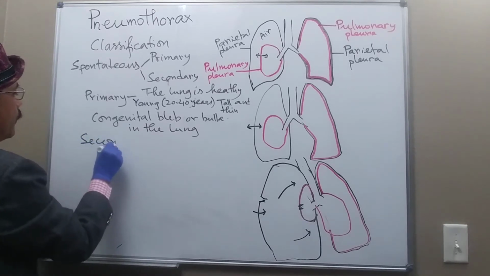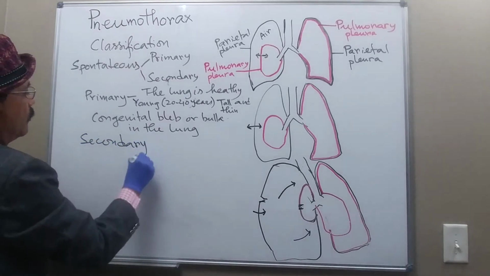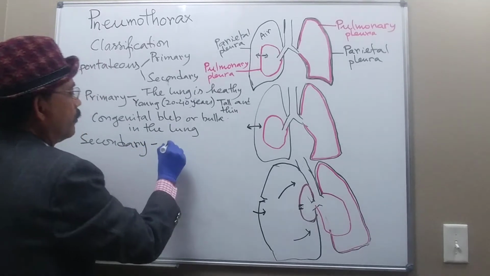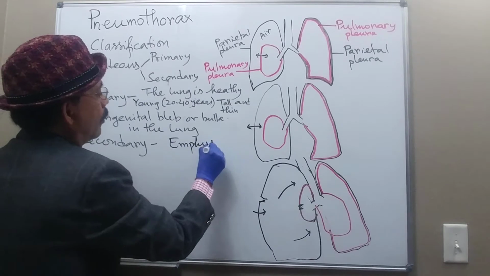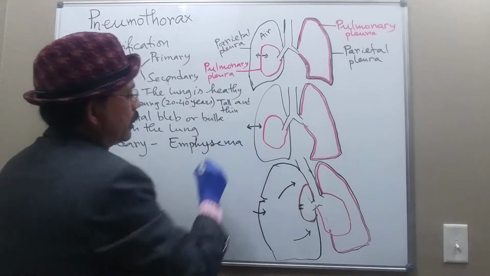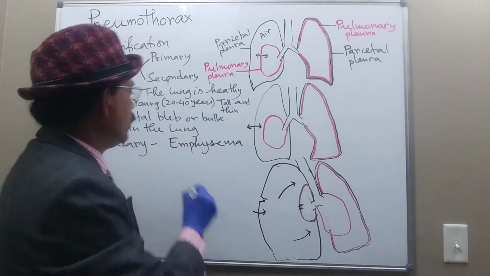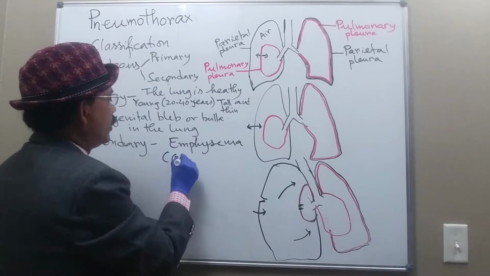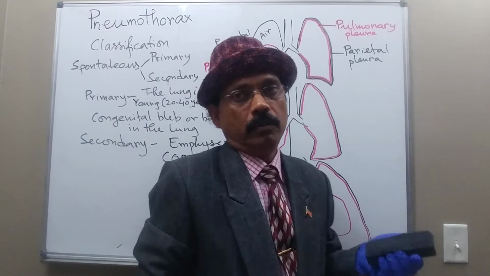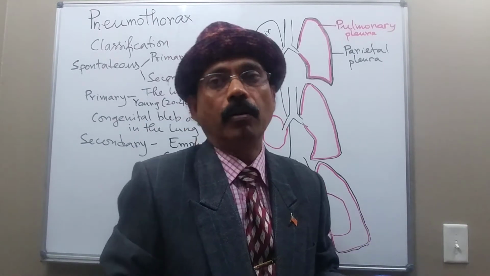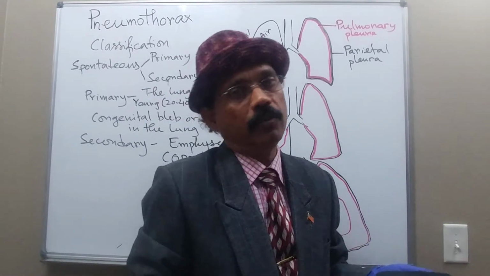Secondary type, we have lung disease like emphysema or any other COPD, like chronic bronchial asthma or chronic bronchitis, bronchiectasis.